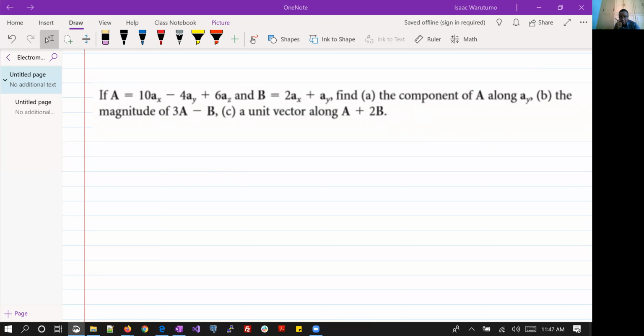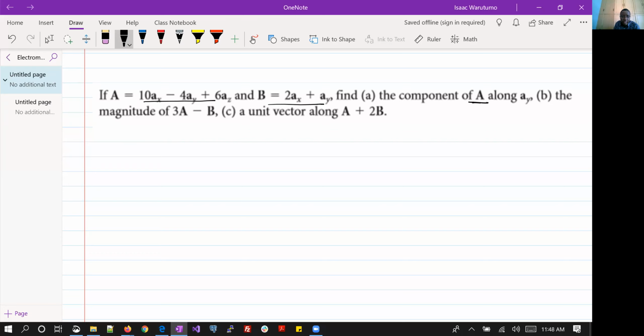So the question is asking, if A is given by this and B is given by this, we want to find the component of A along AY. And the other thing that we want to find is the magnitude of 3A minus 3B. And how do we do that? So the first point is to find the component of A along AY.